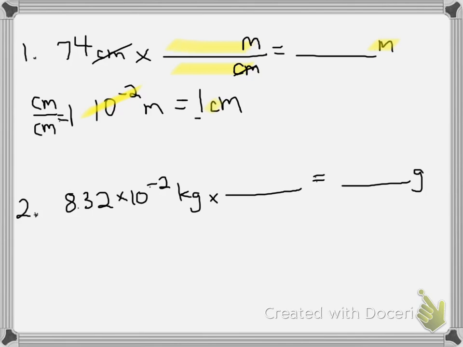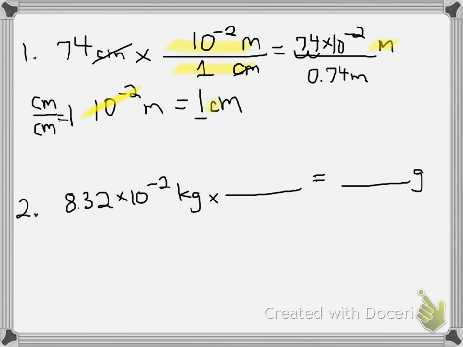So the number that goes next to centimeter is 1, and the number that goes next to meters is 10 to the negative second. So then I multiply across, and I get 74 times 10 to the negative second. And negative 2 means I move my decimal place backwards twice. So I really have 0.74 meters.